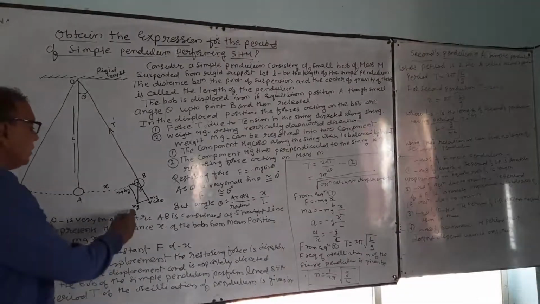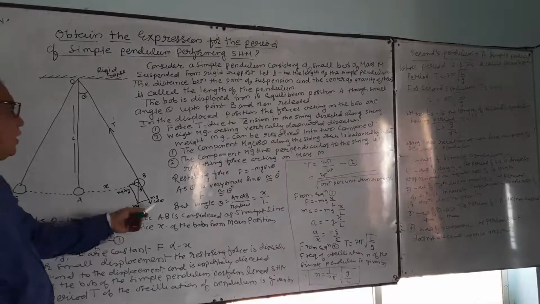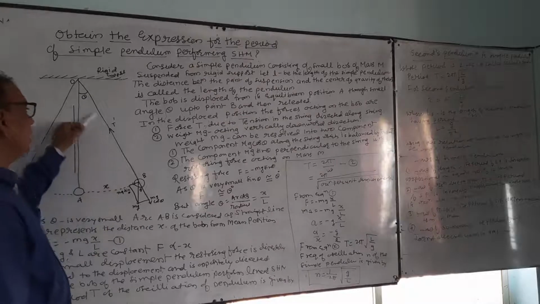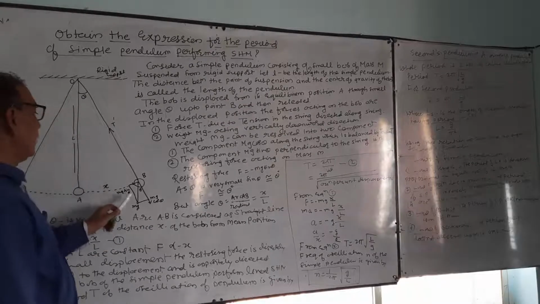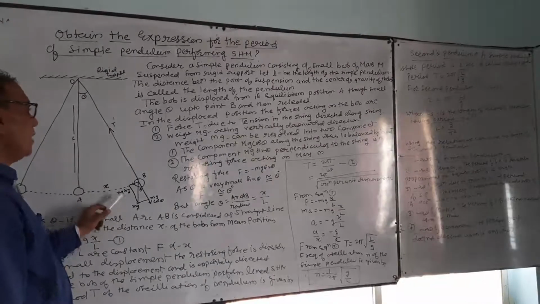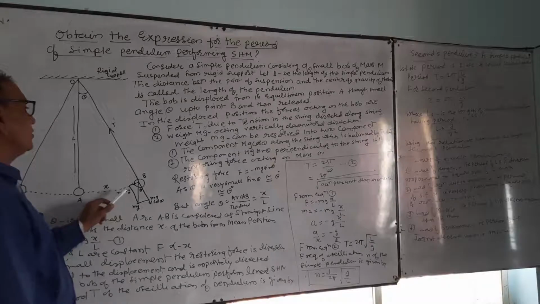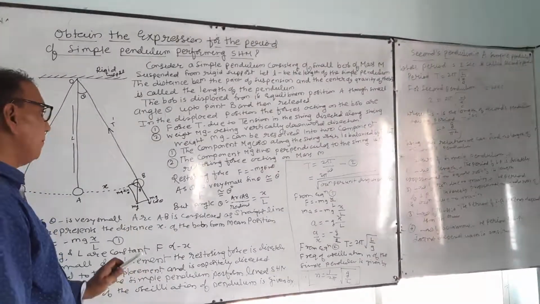This weight mg can be resolved into two components. The component mg cos theta along the string is balanced by the tension T, and the component mg sin theta perpendicular to the string is the restoring force acting on mass m.